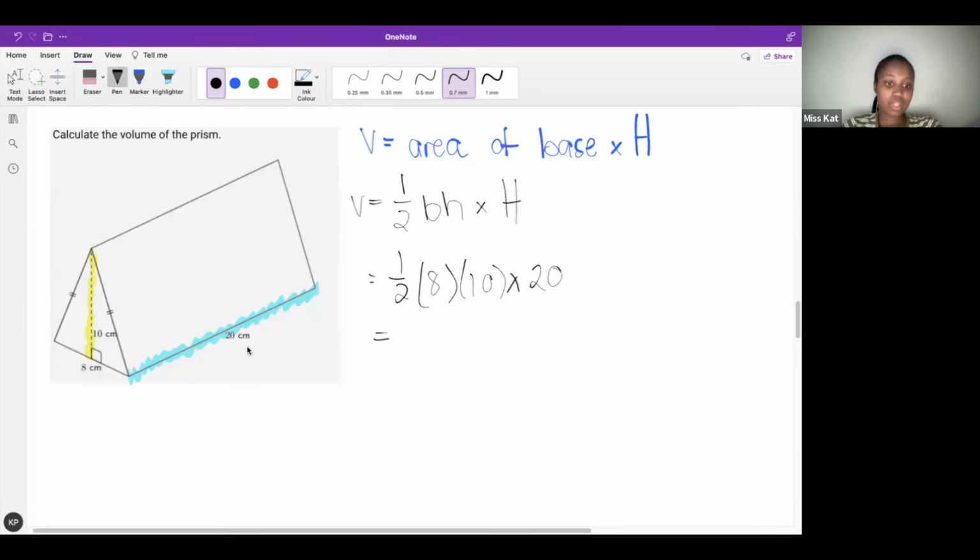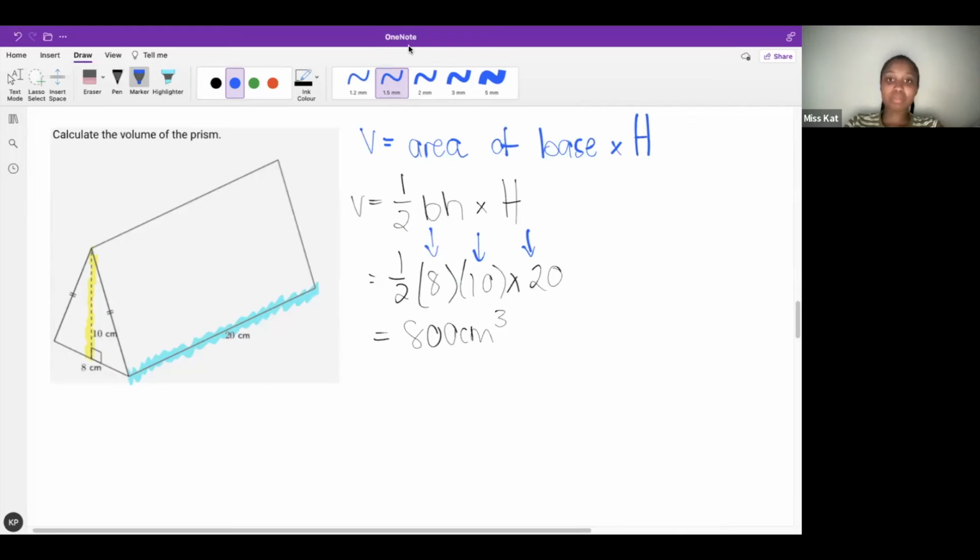Wayne, we need to wait for the quiz, okay? 800 centimeters what? Cubed, because we have 3 dimensions. Remember volume? 1, 2, 3. So it's like saying centimeters times centimeters times centimeters. So that's where centimeters cubed comes from. It's okay, Wayne.